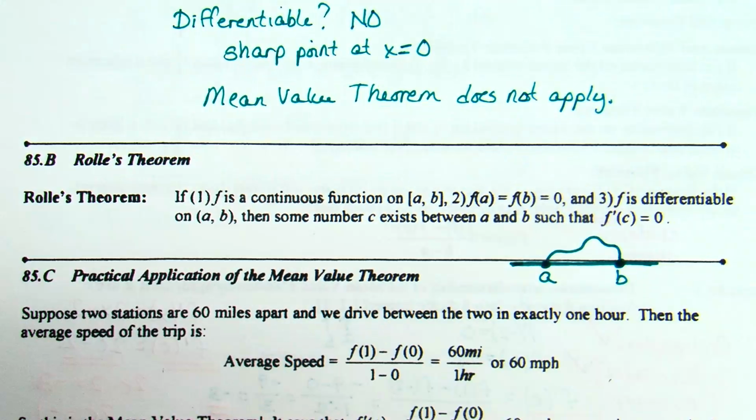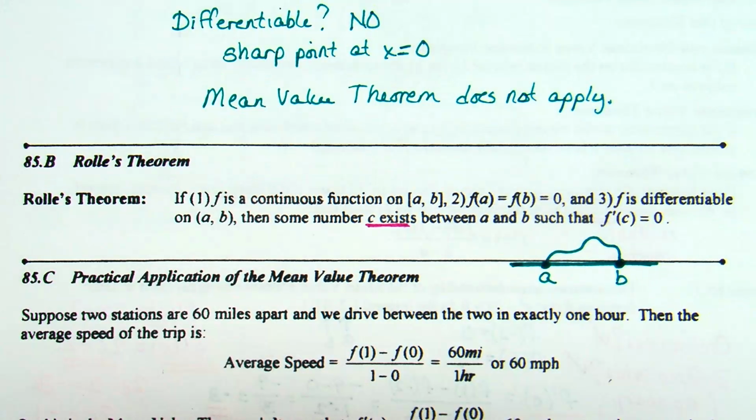It's differentiable on a to b. So that just means I didn't make any sharp points, basically, right? So continuous. f of a and f of b are zeros. It's differentiable. Then what's it say? Some number c exists between a and b such that, what does f prime of c equals 0 mean?